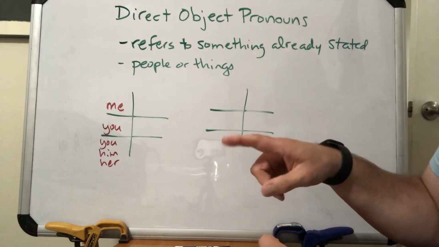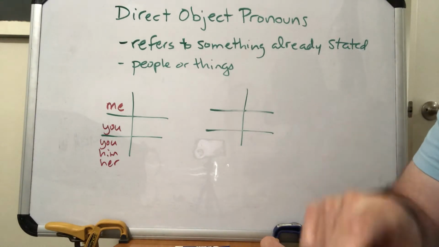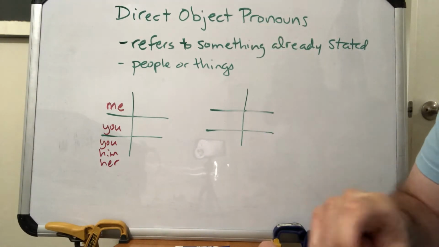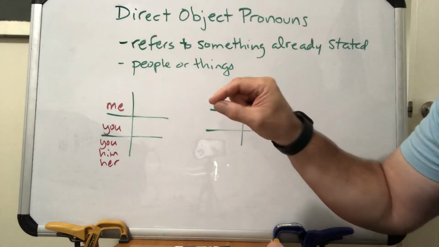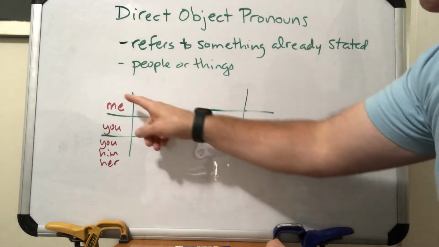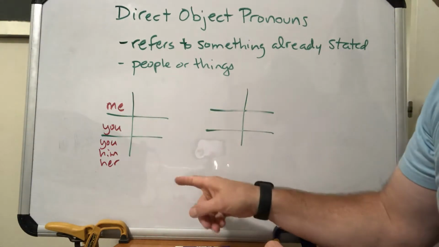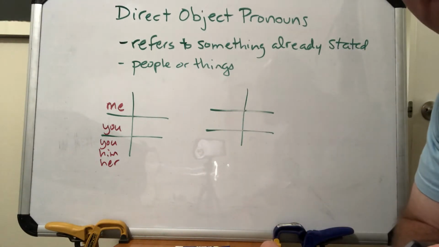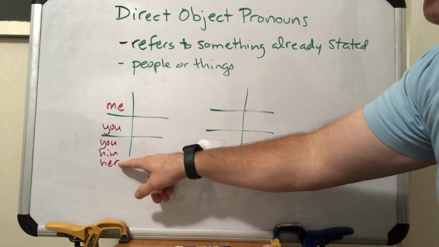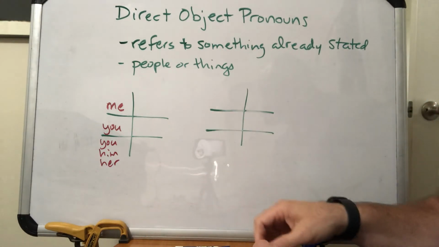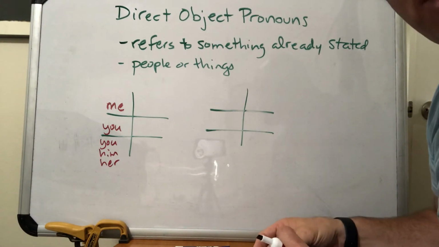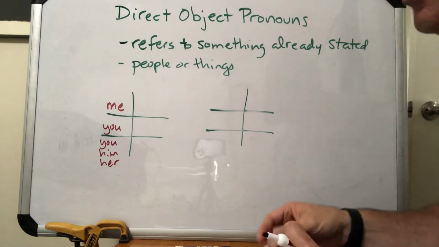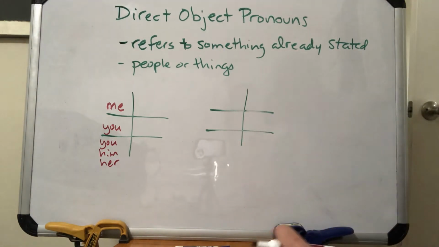When I'm trying to distinguish between subjects and objects, subjects start the sentence, objects usually finish the sentence. So these are words we would use to end the sentence. You wouldn't use a word like he or she, because that's how we start a sentence. You wouldn't start a sentence with him or her. That's at the end, right? Oh, I invited him to the party. Did you invite her? Those are words that show up at the end. So those are my objects.